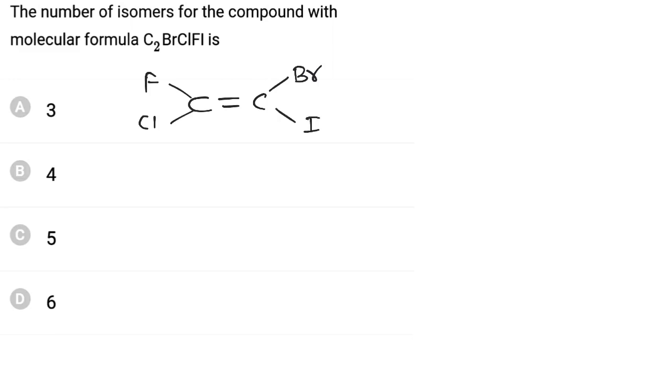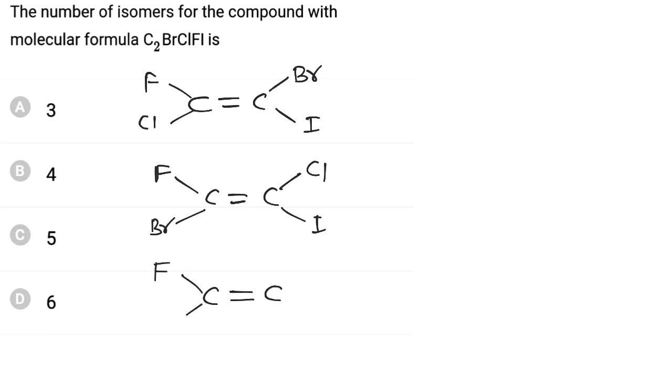This structure will have position isomerism, so another structure can be written in which F and Br are attached to the same carbon. These two are position isomers of each other. In the first case F and Cl are attached together; in the second case F and Br are attached together. Now there is a third possibility when F and I are joined together, and Cl and Br.